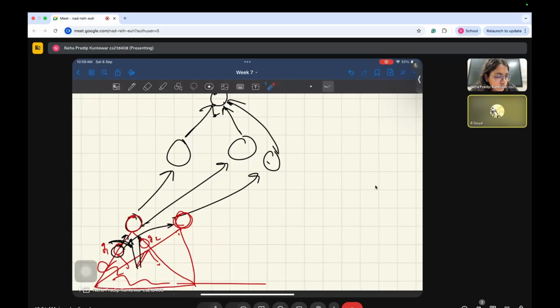So what can be done? There should be some mechanism to bring the intermediate calculation out of the node. Whatever calculation has been done till this node, we should be able to bring it out.